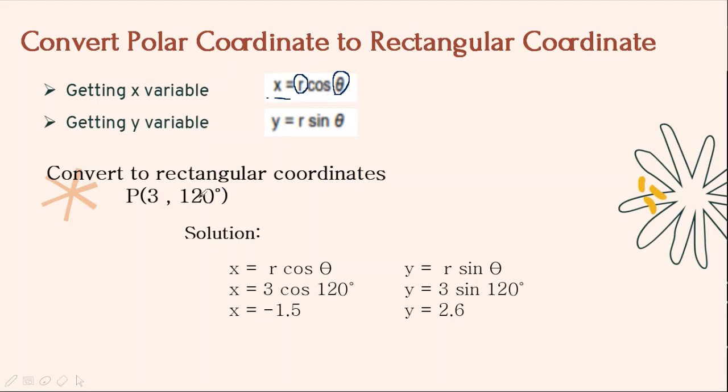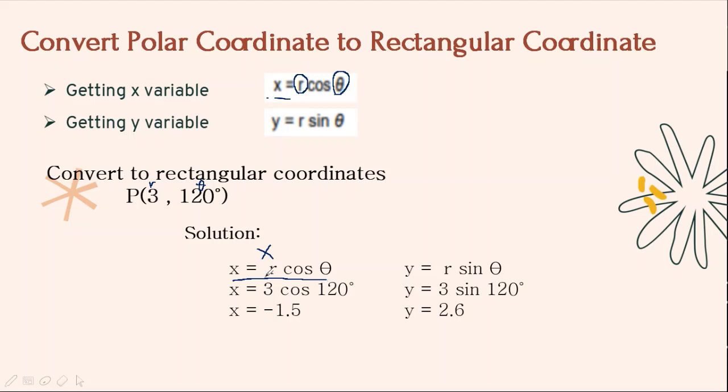So let's have an example. We have polar coordinate (3, 120 degrees). So 3 here is our radius and 120 degrees is our angle theta or polar angle. In finding the x, we need to use the formula x is equal to r cosine theta.